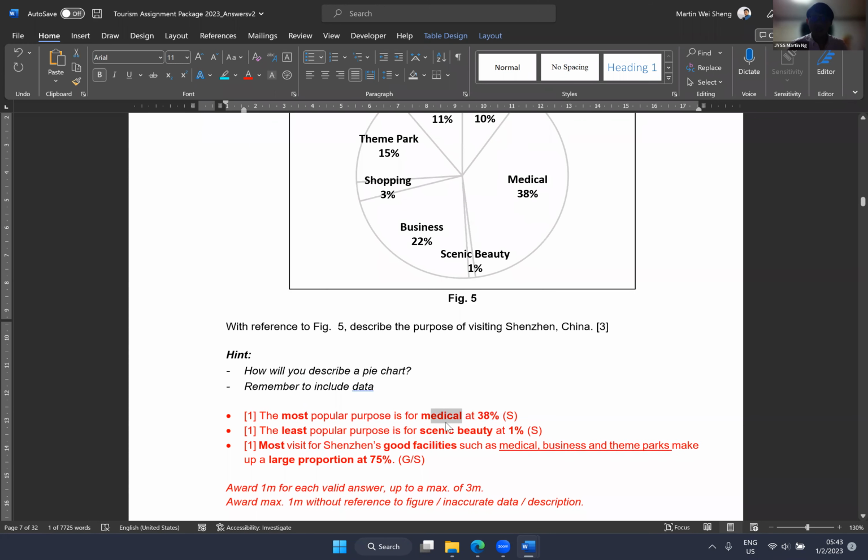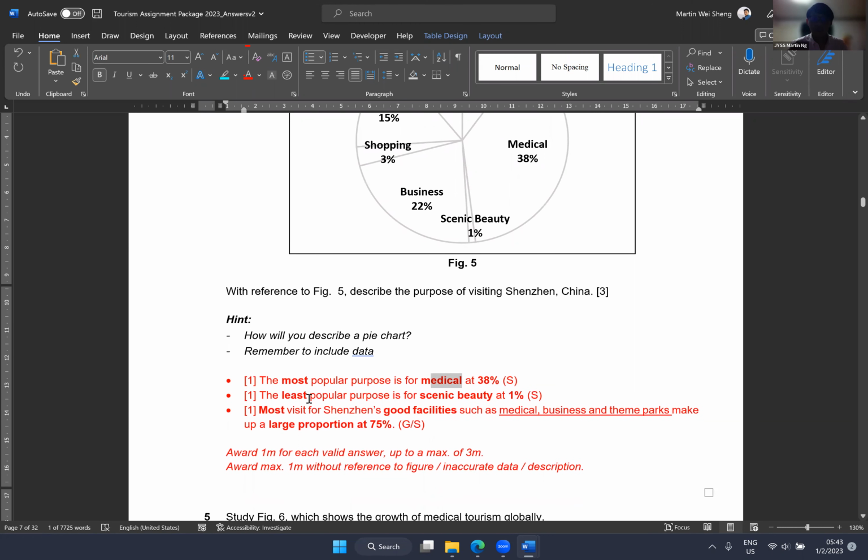Okay, so medical at 38%, okay, least popular scenic beauty at 1%. Then finally, okay, Shenzhen has good facilities, such as medical, business, theme parks. All right.